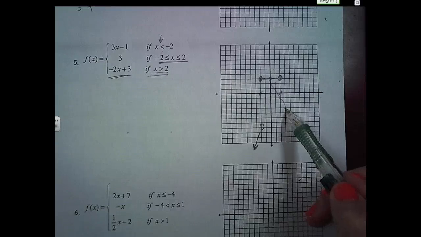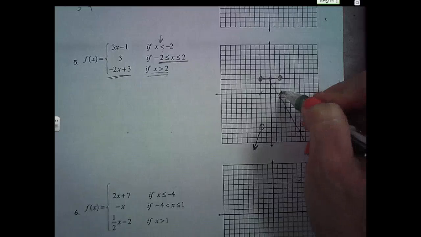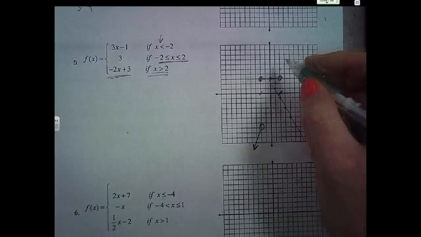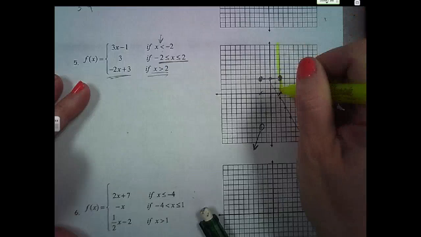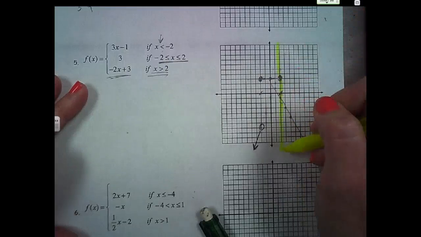If I'm allowed to be greater than 2, I'm allowed at 2.1 and 2.2 and so forth, right? So that's why I have this hash mark here. I'm allowed on that hash mark. I'm either open or closed. Don't erase. So here's your imaginary line here. Listen to me.